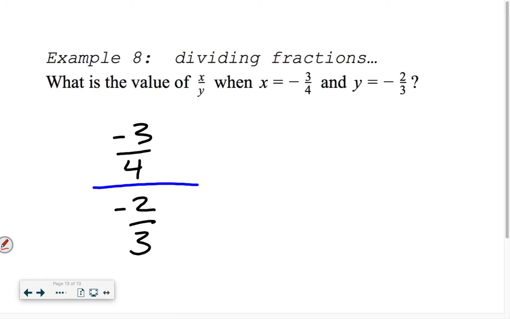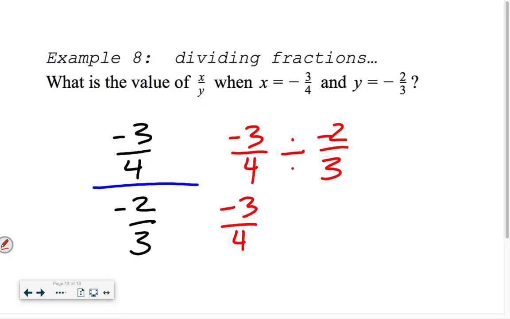I like to rewrite this so then I can leave, change, flip. So negative 3/4, because I can't really divide with fractions. We have to change it into a multiplication problem. So multiply by the reciprocal, right?